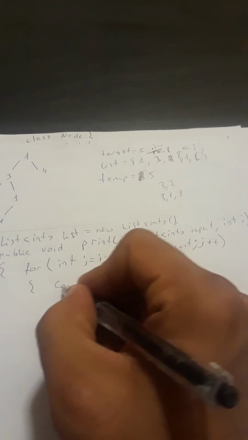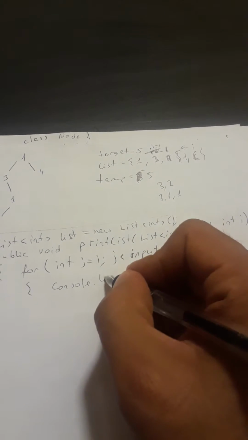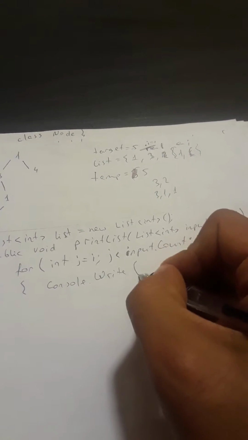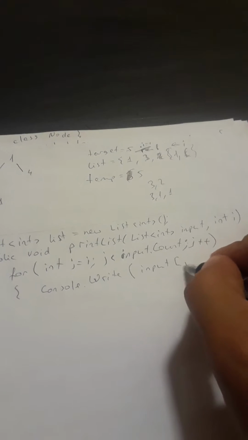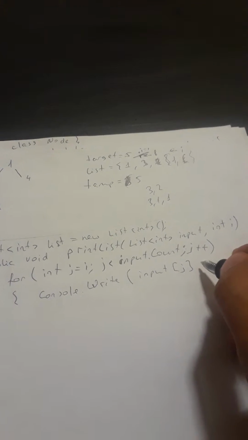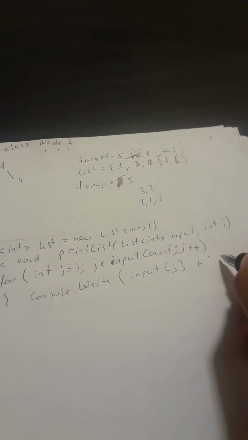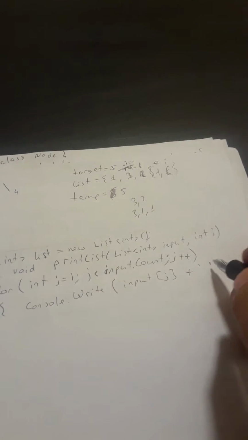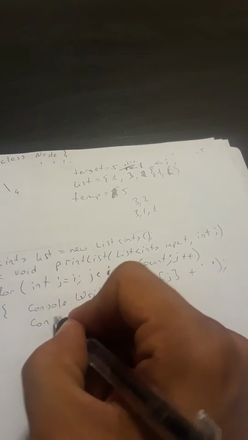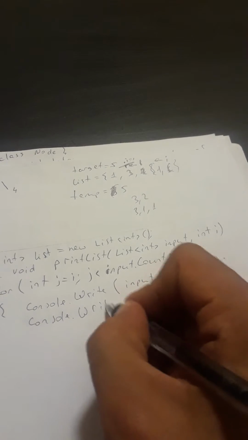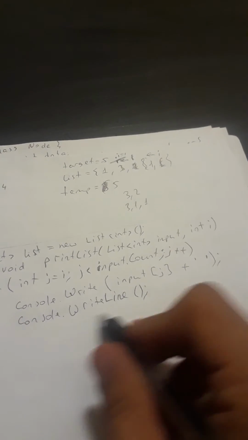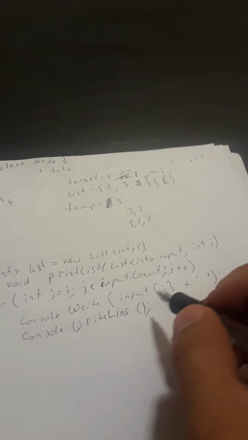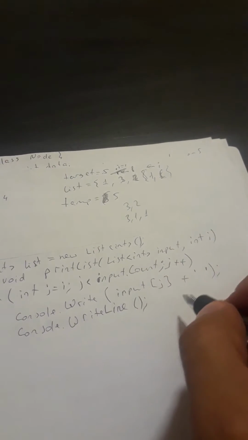And here I will use the console write function, where I will print elements from the list at a particular index, plus I will put some white space between elements from that list, and then I also write this console write line just to go to the next line in the console.